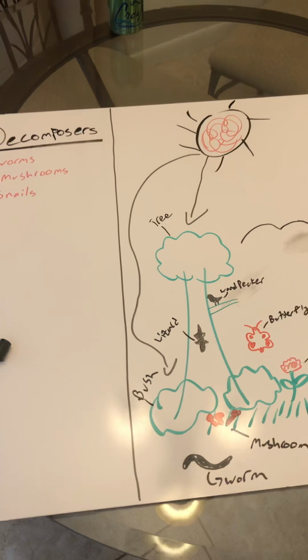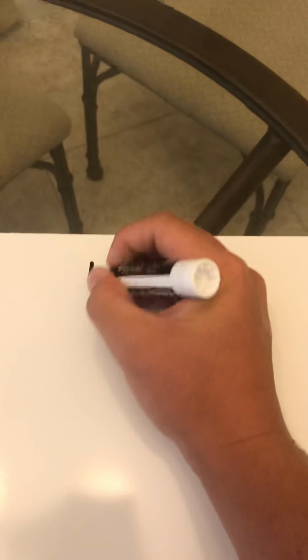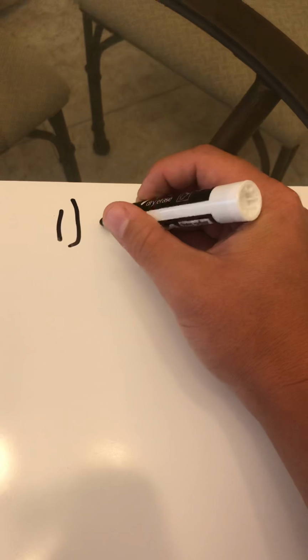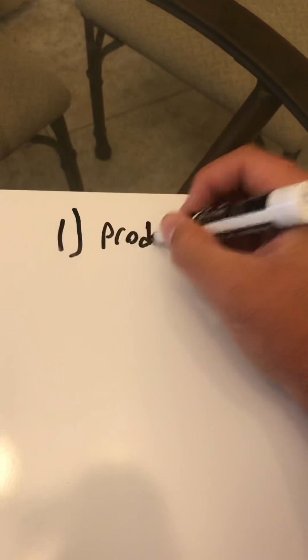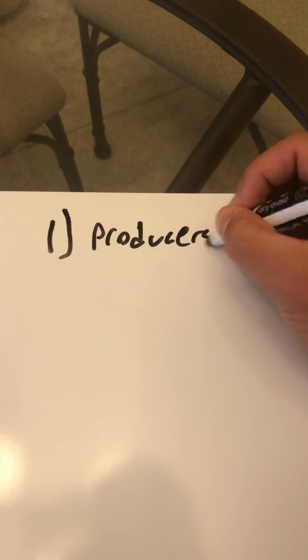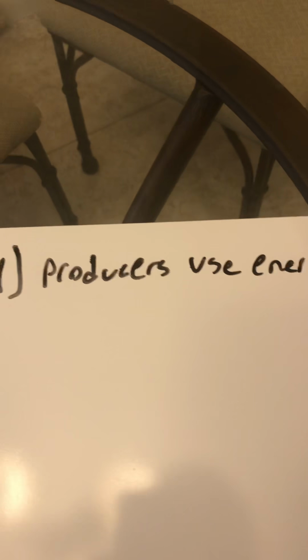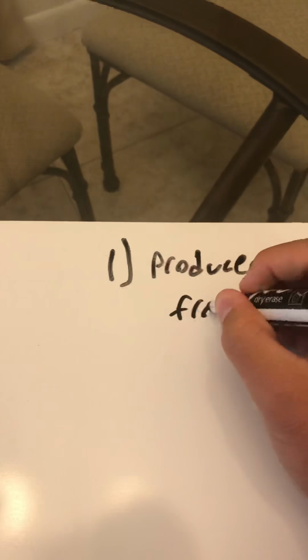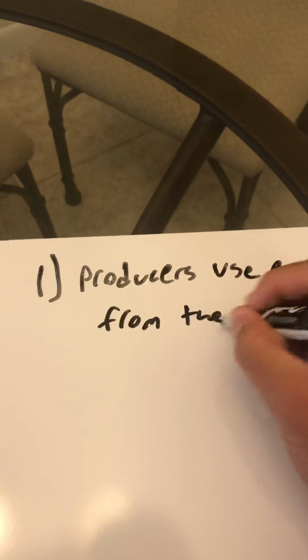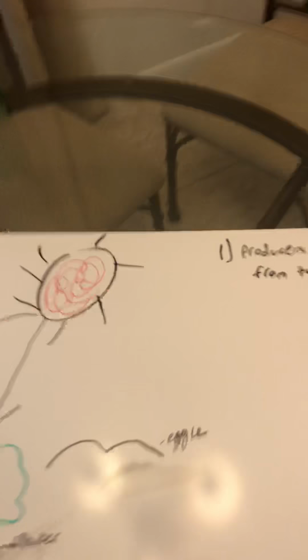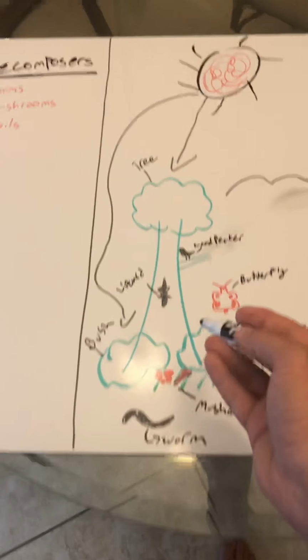So step one, producers use energy from the sun.